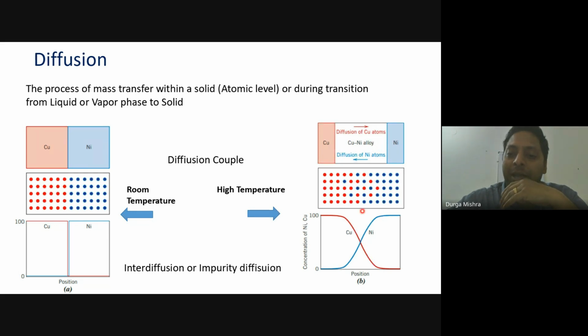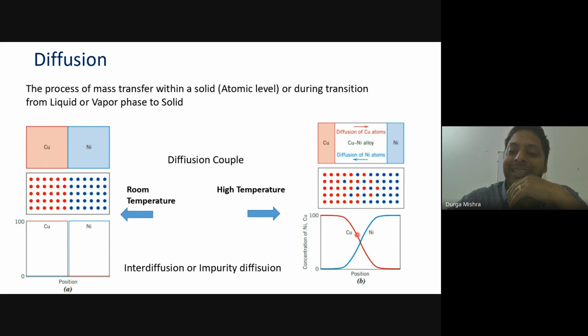So what you see here now is that some of the blue has moved into the red region, and some of the red copper atoms have moved into the nickel blue region. If you now look at the concentration, it is still, let's say, 100%, but you see a change in concentration.